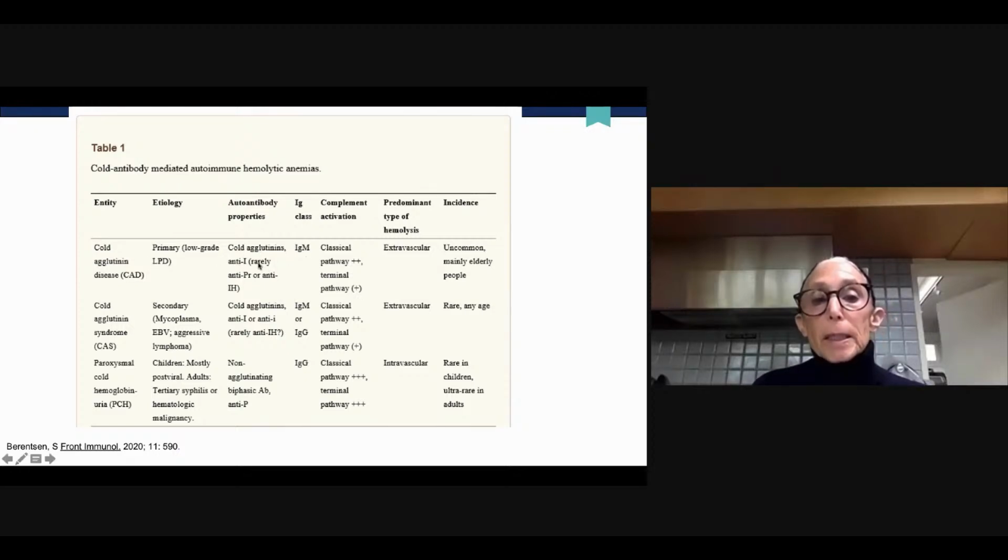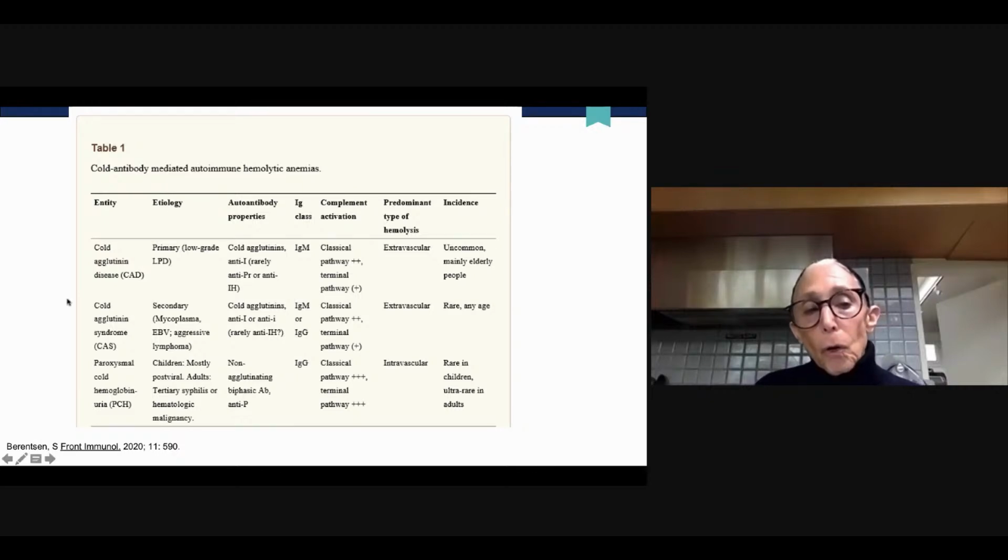Usually this is an anti-big I. It can be an anti-PR or sometimes an IH antibody, but 85+% of the time, if not more, it's an IgM to big I. And it affects the classical pathway. It's antigen-antibody mediated with complement that is then expressed on the cells. It causes primarily extravascular hemolysis, although intravascular hemolysis can occur.